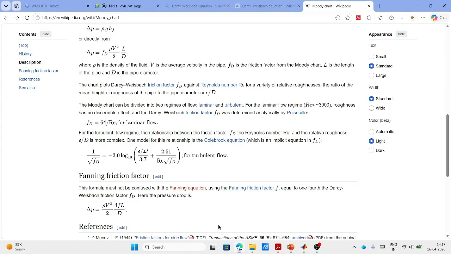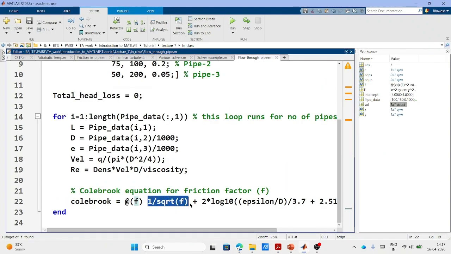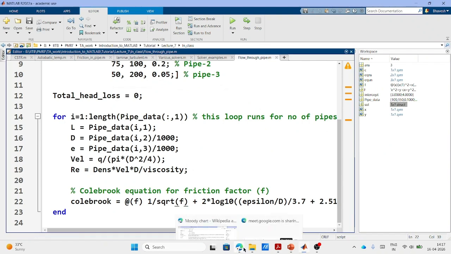Now how should my equation look? It should be f(x) equal to 0, right? So here the first term is 1 upon square root of f, which is my Fanning friction factor.